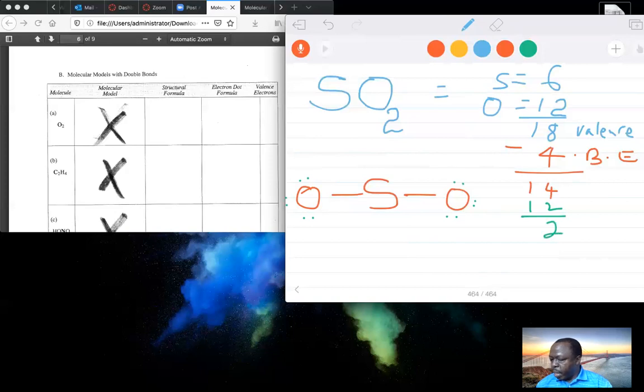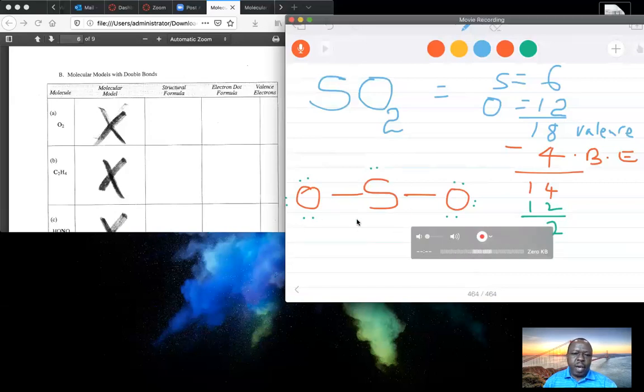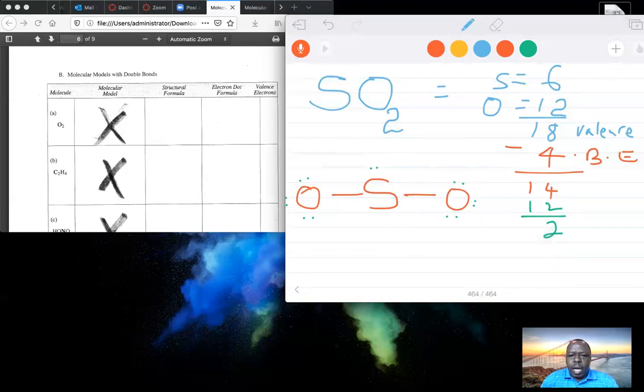2 remain. Whatever remains, just put it on the central atom, and electrons should always be paired. You cannot put one at the top and one below, no. If I do the inspection and try to satisfy the rule, this oxygen has 8, this oxygen has 8, but the central atom has 1, 2, 3, I have 6 electrons.